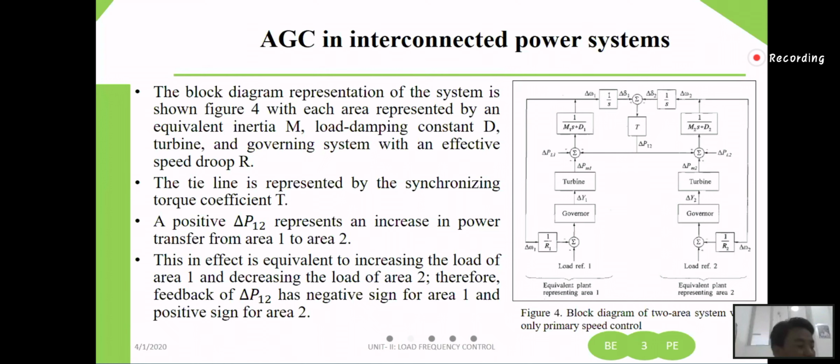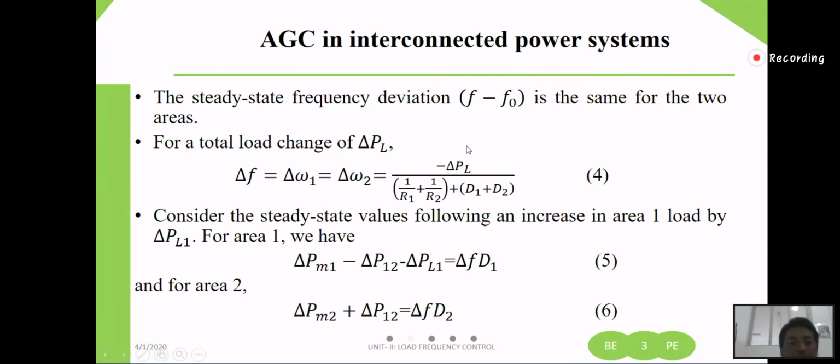The steady state frequency deviation is given by del f equal to f minus f naught. When it reaches steady state, the frequency deviation remains the same for the two areas, that is area 1 and area 2.